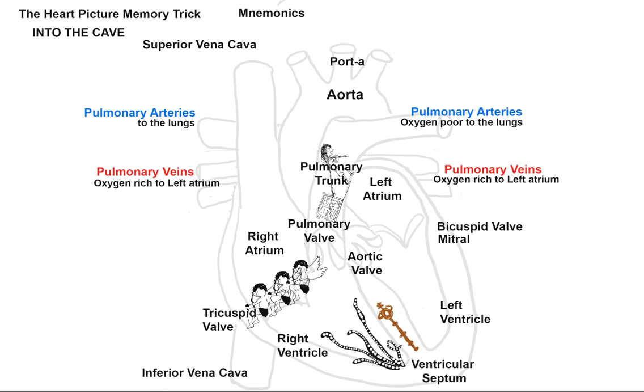And so when we get to the left atrium, we have the bicuspid valve. So we have two Cupids, right? Bi means two. So let's put our two Cupids there.